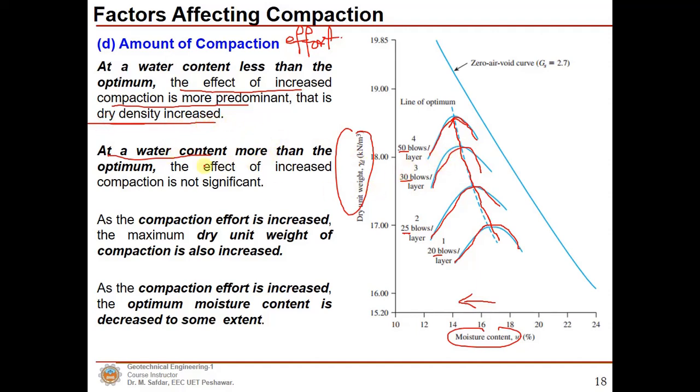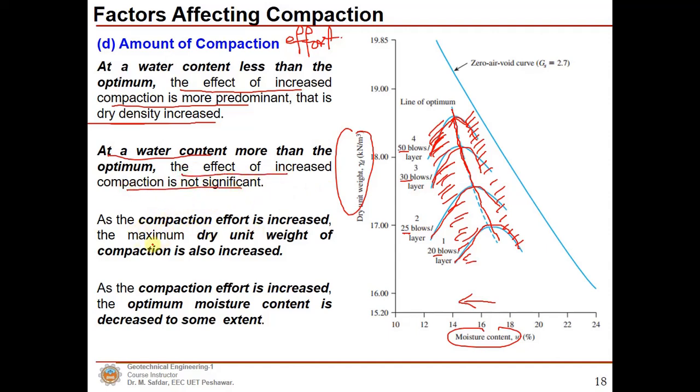At a water content more than the optimum, so this is the line of optimum, the effect is greater if we are on the dry side of the line of optimum, or on the left side, and the effect of compaction effort is not that great when we are on the right side of the line of optimum, or on the wet side of the compaction curve. The effect of increased compaction is not that significant.